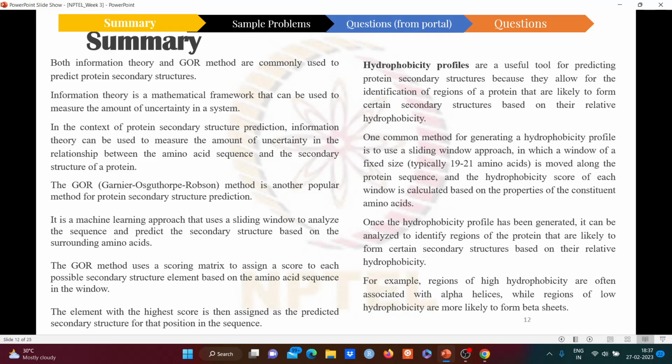Hydrophobicity refers to the tendency of a molecule or a portion of a molecule to avoid contact with water, and this property can be used to predict the folding patterns. For example, regions of high hydrophobicity are often associated with alpha helices, while regions of low hydrophobicity are more likely to form beta sheets.